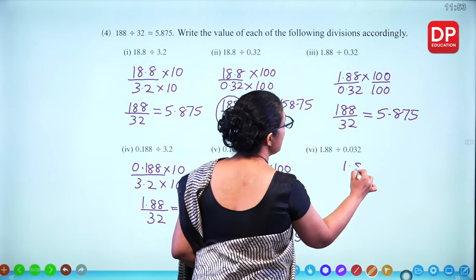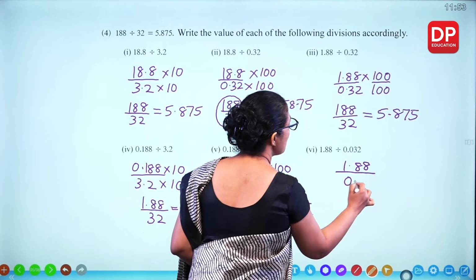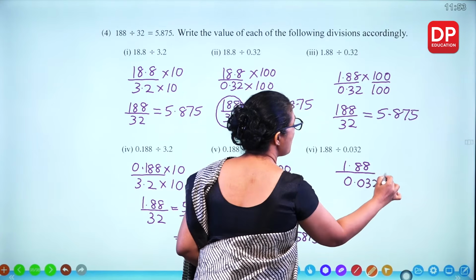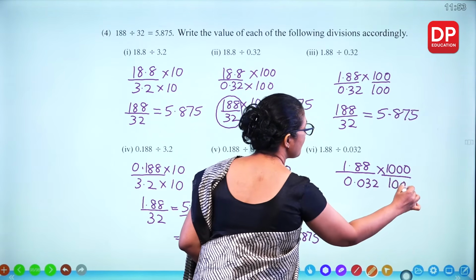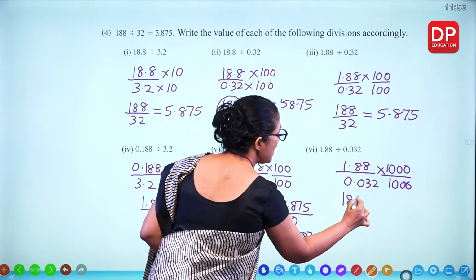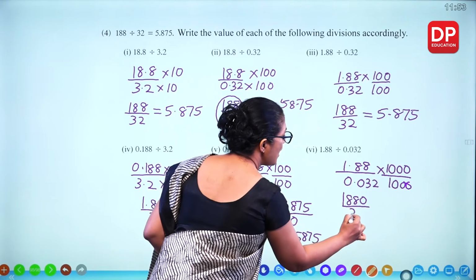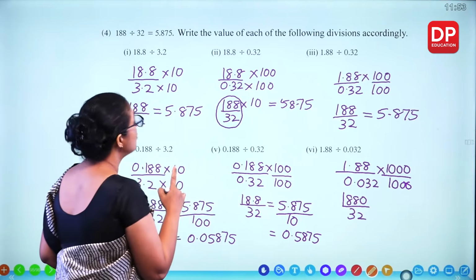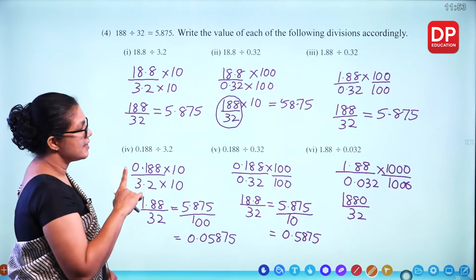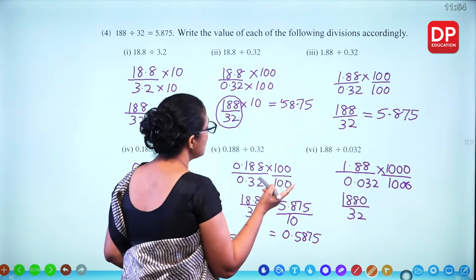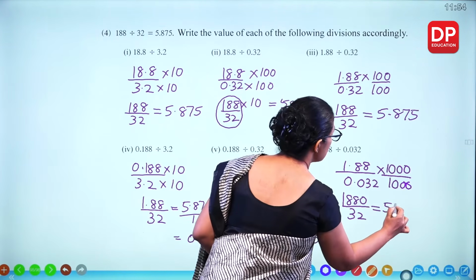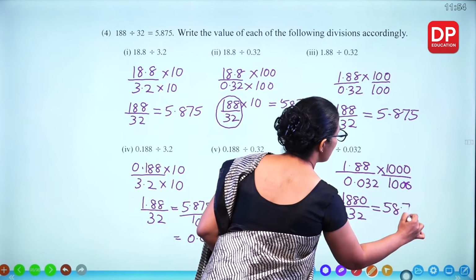This one 1.88 divided by 0.032, multiply by 1000 now. You get 1880 divided by 32. 188 multiplied by 10. So answer multiplied by 10, you get 58.75.